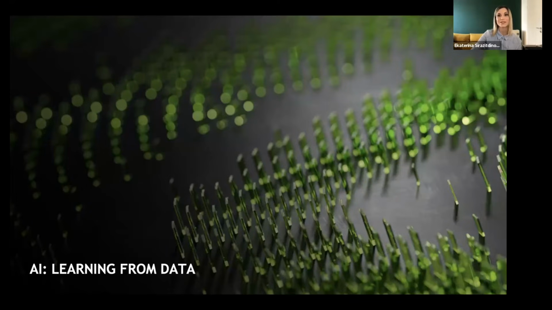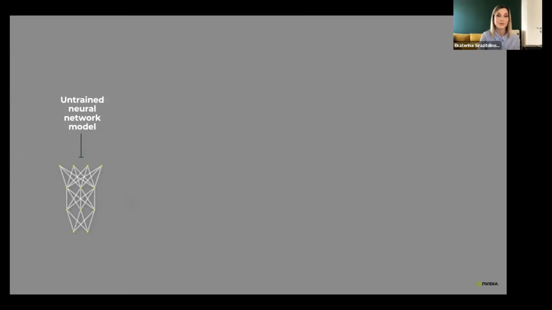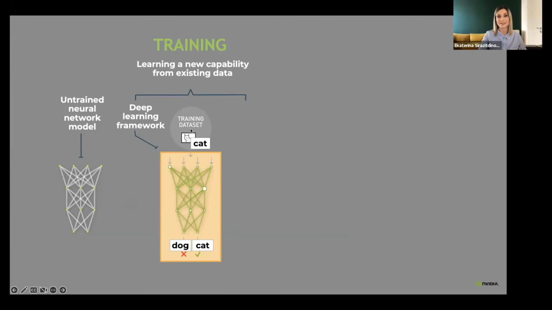But before we touch learning on graphs, let's just revisit how deep learning works in general. So the essence of deep learning is that we have an untrained neural network, and our goal is to learn some certain capabilities from data and store them in the network in order to give this network predictive powers to work on unseen data. To train a neural network, what we need is a training data set.